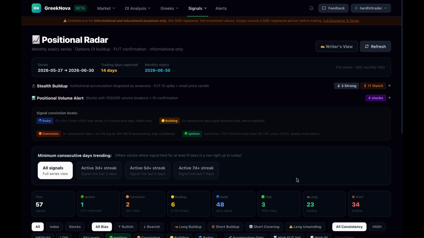Sometimes institutional players want to accumulate something, but they want to make sure that participation from the mass audience is lower. So such days are typically where the close to close price comparison would be hardly less than 1% or maybe lesser, but the OI would be considerably higher.